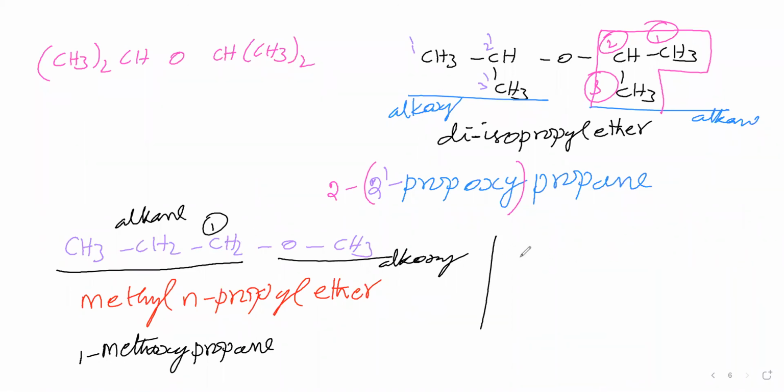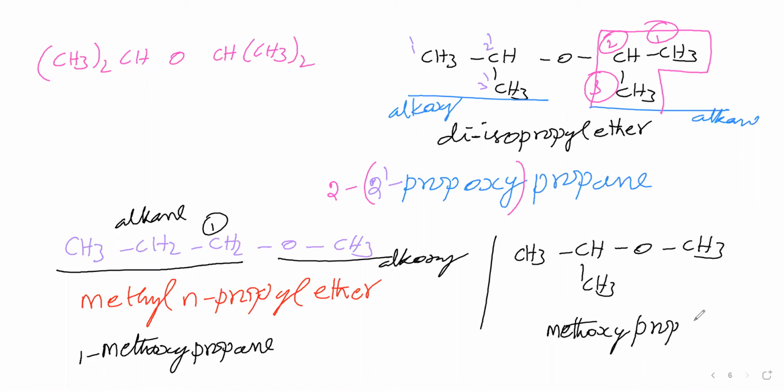Next, you see that CH3 CH CH3 OCH3. The common name is methyl isopropyl ether. For the IUPAC name, this is the methoxy group, so methoxy, and this is propane.